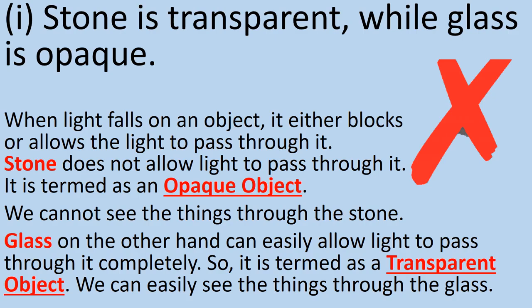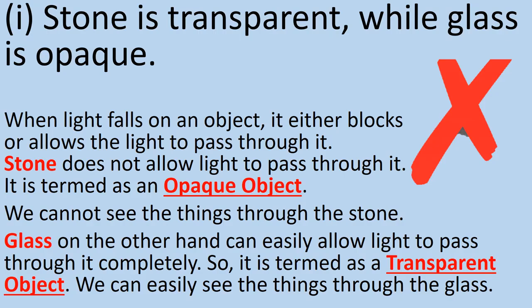Dear students, when light falls on an object, it either blocks or allows the light to pass through it. Stone does not allow light to pass through it. It is termed as an opaque object. We cannot see the things through the stone.